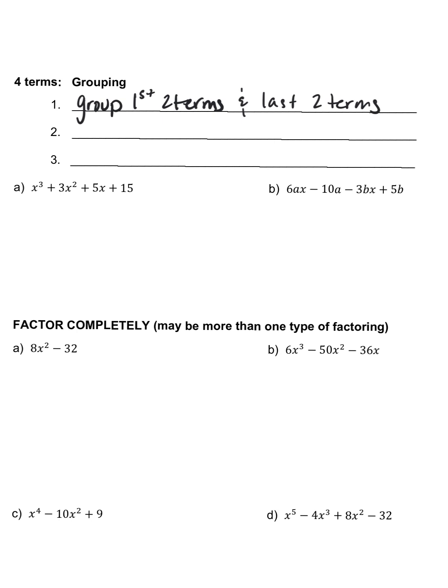Okay. Second thing you want to do is factor out the GCF for each group, creating 2 new terms.